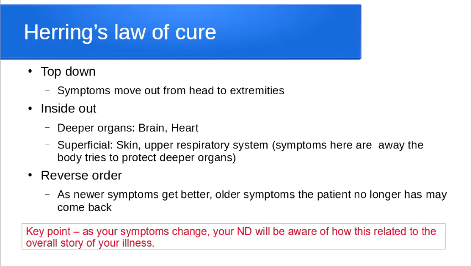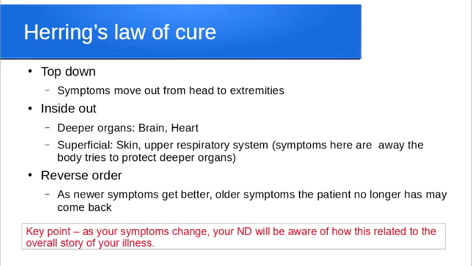So going back to the original example, if someone used to have sinusitis and then that went away, but now they have chronic candida, it might be that as their candida gets better, they might momentarily get sinusitis back again, because the sinusitis was the body's method of going through a detoxification process. And now as they're truly getting well, their body can more fully go through that earlier detoxification process.